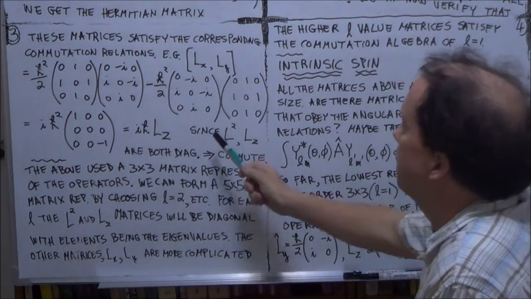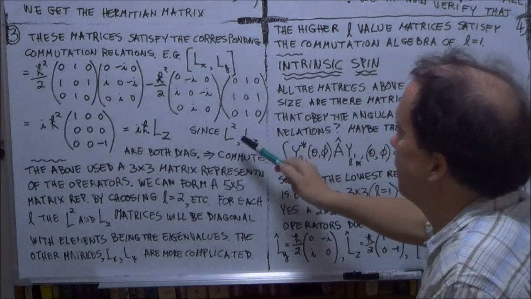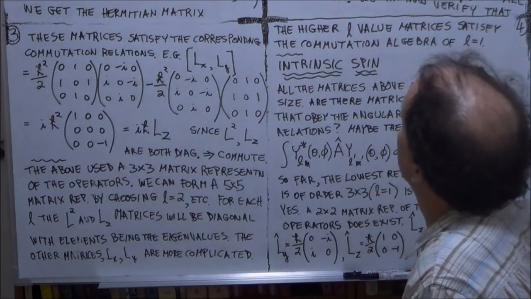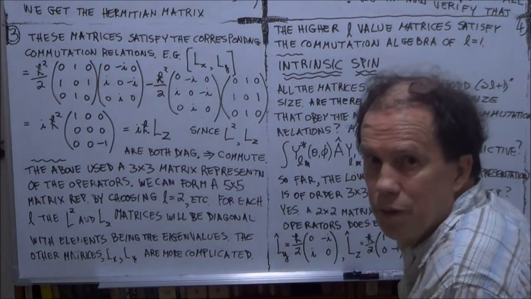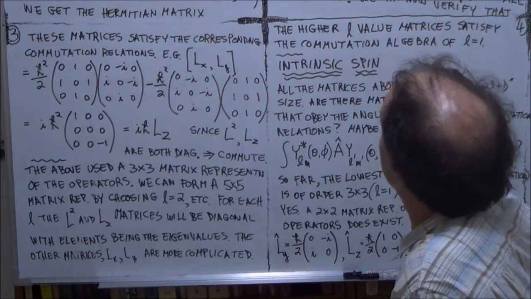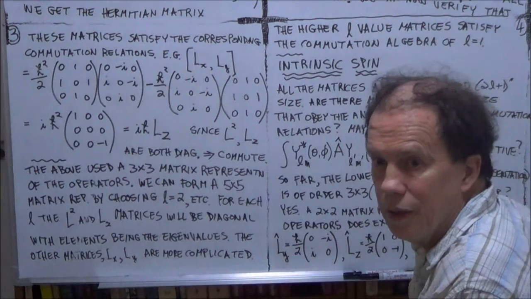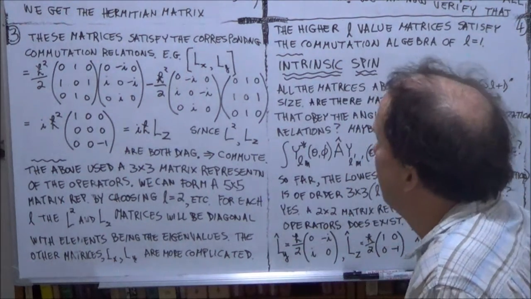Now, other commutation relations. Now L squared. In the previous session we found the matrix corresponding to L hat squared.